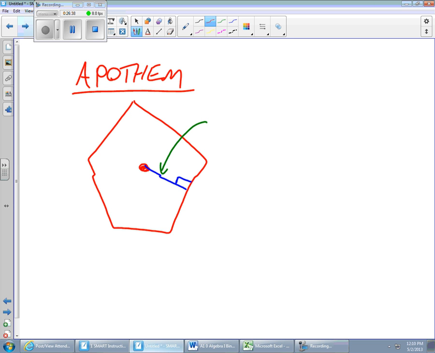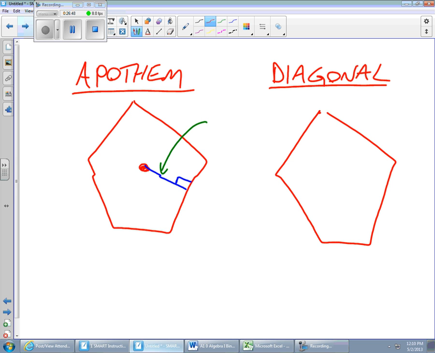The next term I see is diagonal. This should be one of the easier terms that we have out of these 8. And all a diagonal does is it connects non-consecutive vertices.